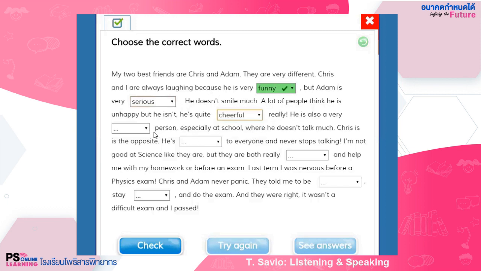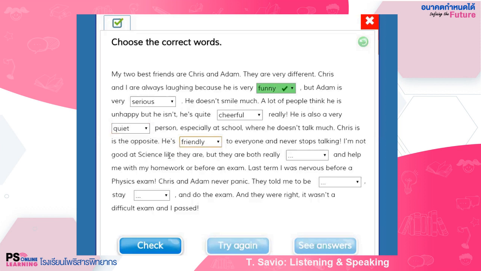He is also a very quiet person, especially at school, where he doesn't talk much. Chris is the opposite. He's friendly to everyone and never stops talking.